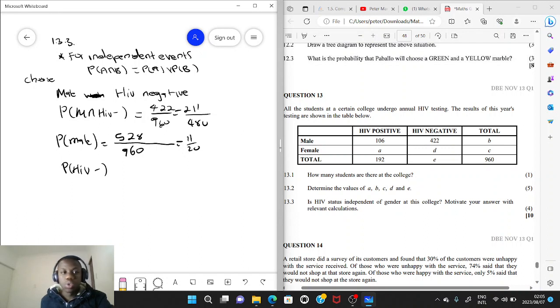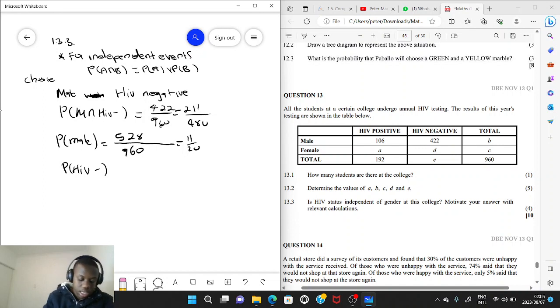So what is E? Let's go and find the value of E. We were able to determine it in the previous question, but even for E, we can find it now. We can say 960 minus 192 to get E. I just don't want to go back to that slide so that we save time.